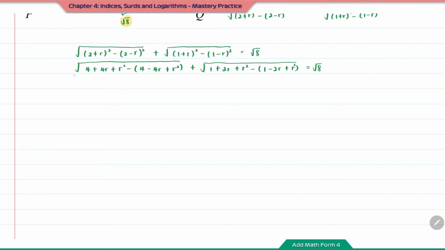So now I'm going to get this thing out of the bracket. So it's going to be minus 4 plus 4r minus r squared. Here we're going to get minus 1 plus 2r minus r squared.